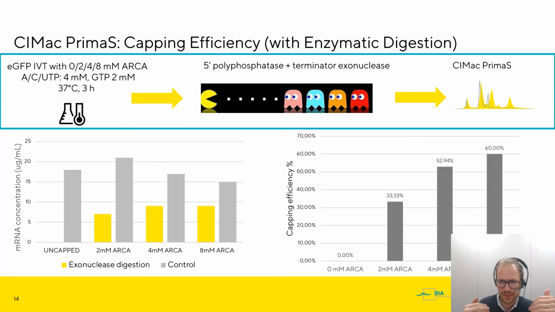And in this way, by comparing digested with undigested samples, we can determine the percent of 5' capping, and we do not require mass spectrometry for that. So it's a very useful tool.